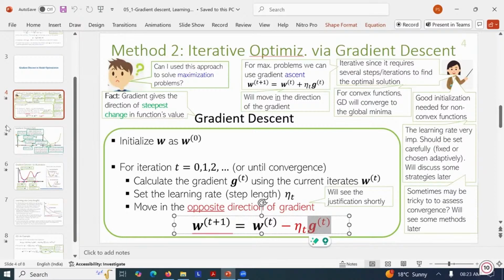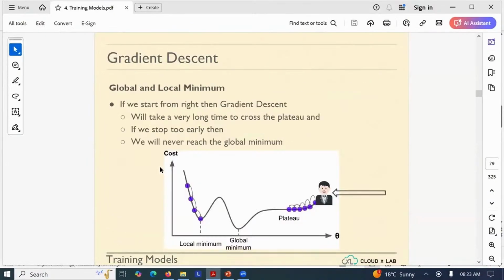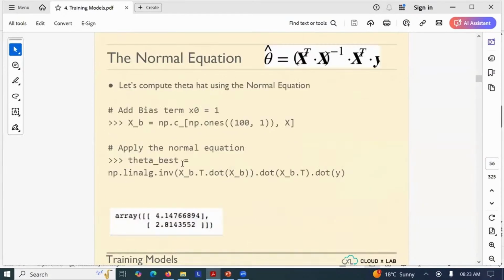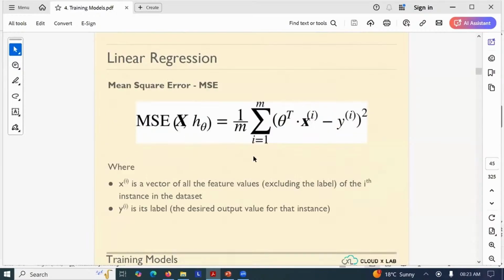So how are we calculating this gradient? We have one function, and we are differentiating that function with respect to unknown parameters, right? Let's say we are solving a regression problem. If we are using the MSE function, mean square error, then this will be our function, and our job here is to minimize this MSE function.